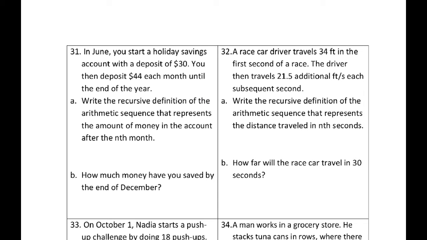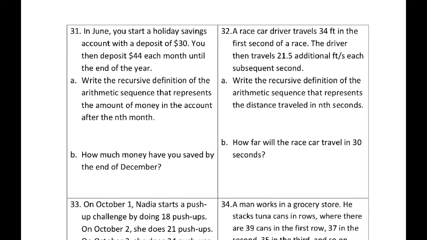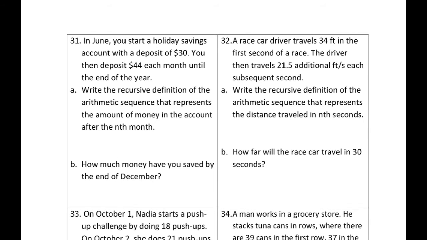All right, in June you start a holiday savings account and you deposit $30. Then you deposit $44 until the end of the year. So the recursive definition we want to write is a sub n, and our formula is a sub 1, where n equals 1, and then a sub n minus 1 plus our common difference, wherever n is greater than 1.